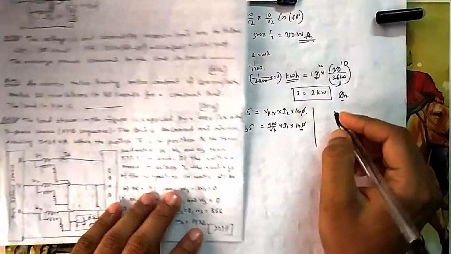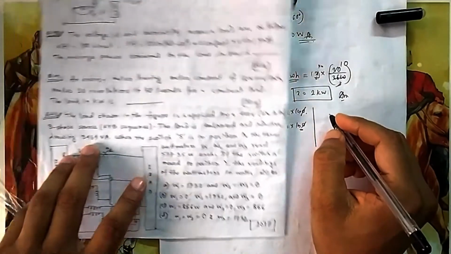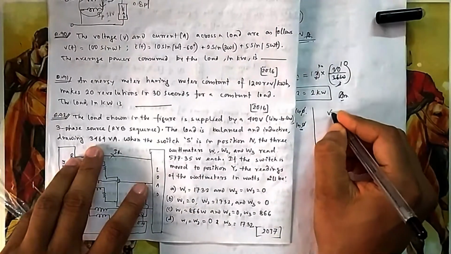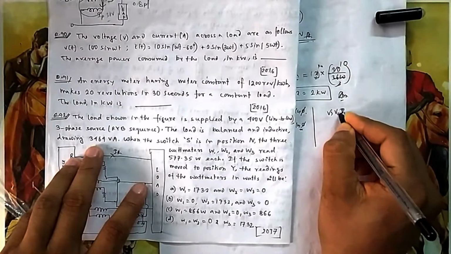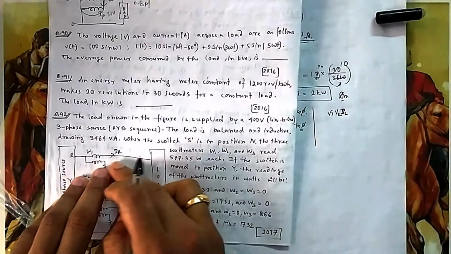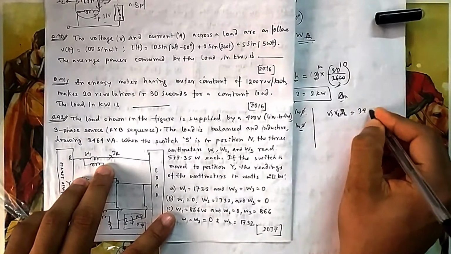Now if you see, they have given a load VA. So load VA is equal to what? This is 3 phase, so you can consider it root 3 VL IL or 3 VP. This IL is nothing but your IR, because the current just flows through the line, so it is the line current. That is equal to 3464.